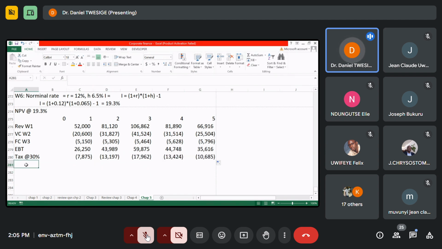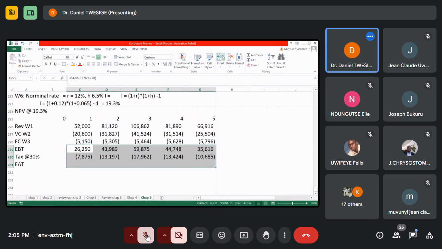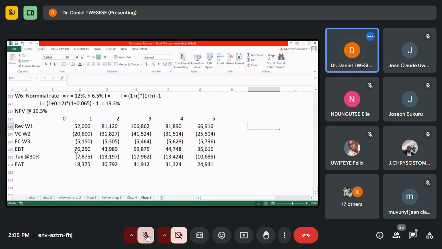So what's my earnings after tax? Earnings after tax, I will have that. That's the earnings after tax.